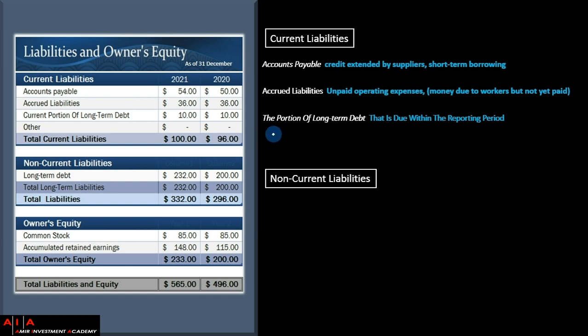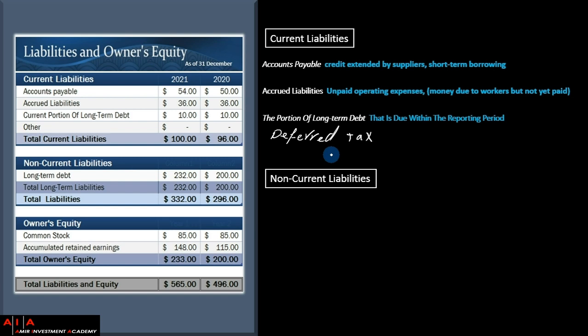So it could be deferred tax, which could be part of the other current liabilities that I can give you as an example. Or any unearned revenue, let's say, that could also be categorized as current liabilities.